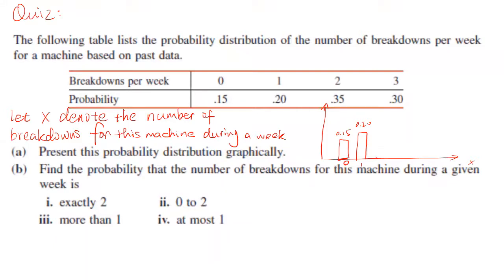The next value is 2, with probability 0.35. And the next value is 3, with probability 0.3. So this is a bar chart that we can use to represent the probability distribution. It's basically the same as this table, right?